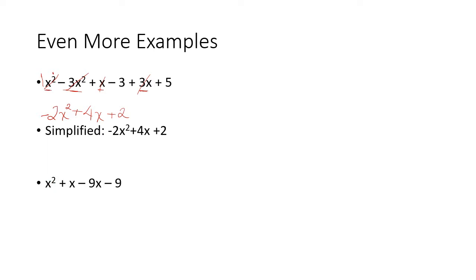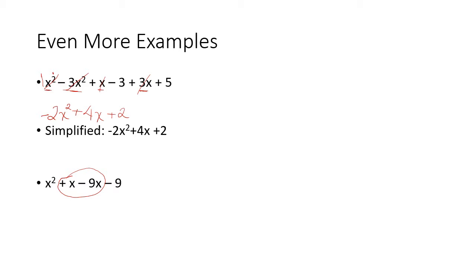Now, again, we'll look at another one. We have x squared plus x minus 9x plus 9. You're going to run into this one a lot too, so this is why I use this one as an example. The only two that can be combined are the two in the middle. You'll see when you run into that when we start doing the FOIL method.